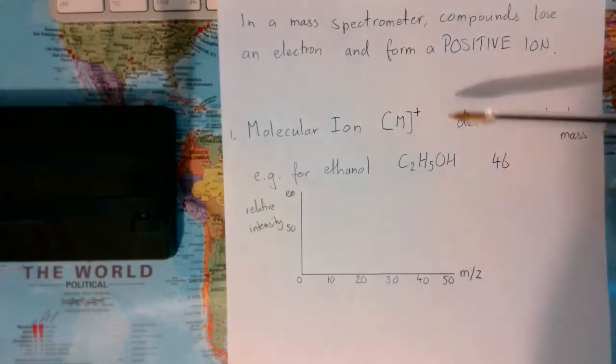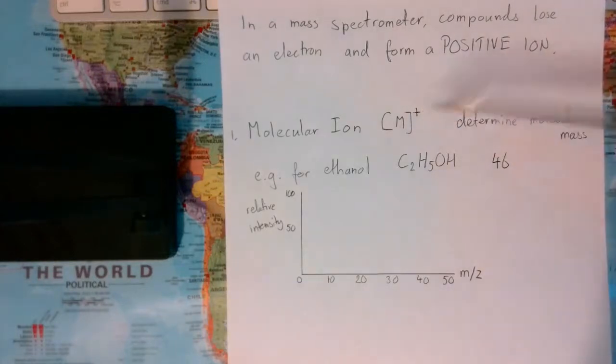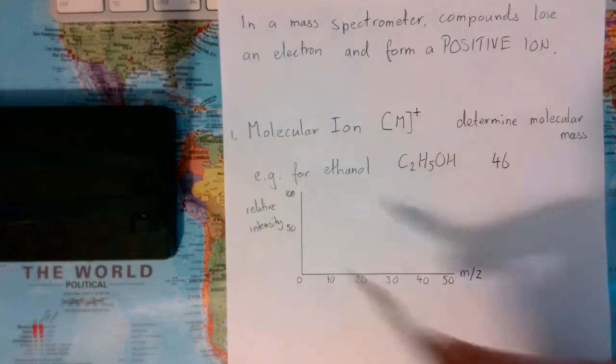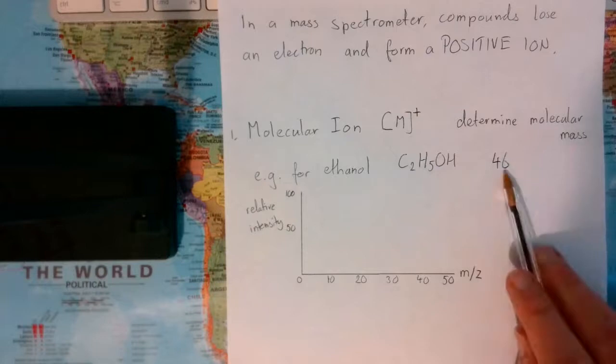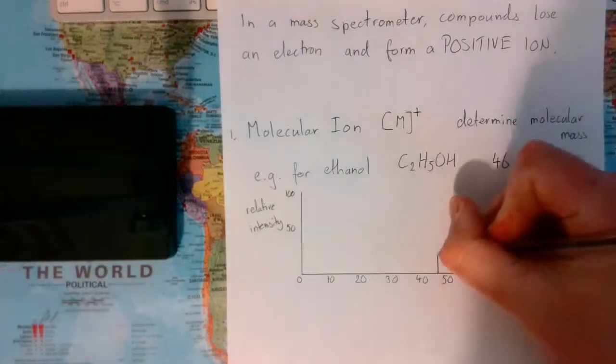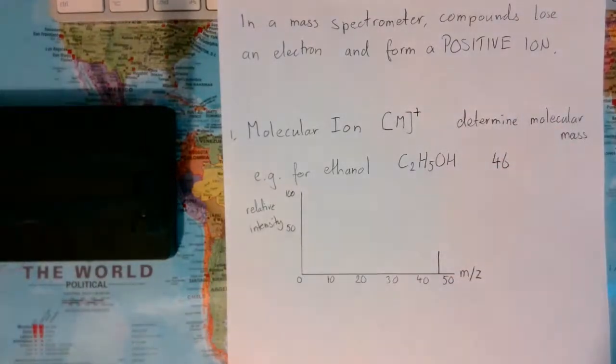For OCR, what we're told is it will always be a single positive charge. So in effect this is just telling us the mass of the thing which is causing a peak. On the left hand side is relative intensity. I'll talk about that in a moment, but simply put, here you would get a peak at 46.